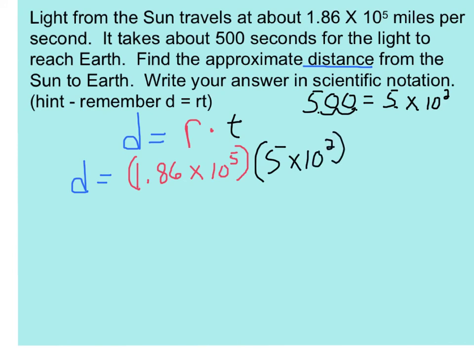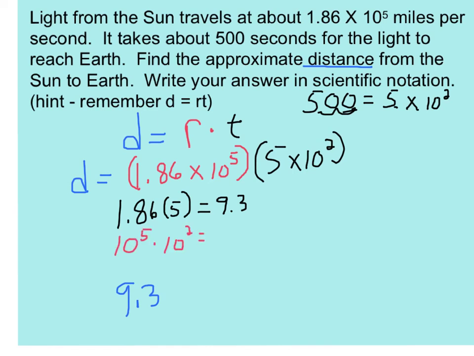Okay, let's follow our steps. First, take this coefficient and multiply it to this coefficient. Okay, when I multiply these together, I get 9.3. So part of my answer is going to be 9.3. That's great. Now I have to just add my exponents. When I do that, I have 10 to the 5th multiplied to 10 to the 2nd, so that gives me 10 to the 7th.